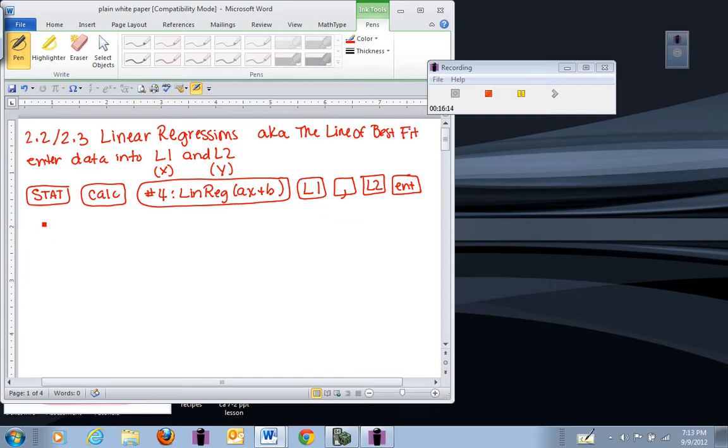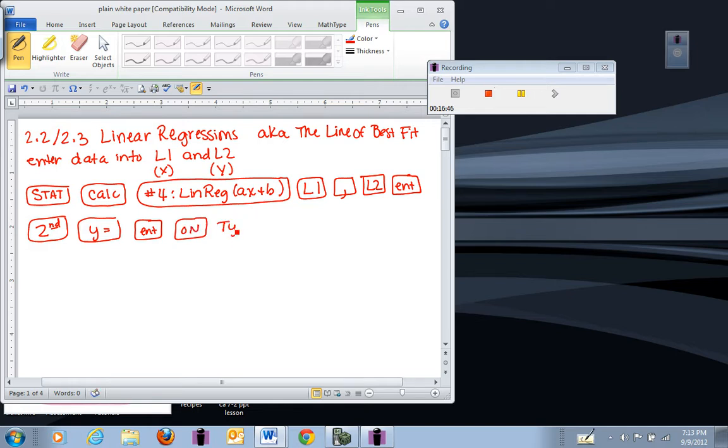Then, to make the scatter plot, we went to second, y equals, and then we had to hit enter, and then we had to turn our stat plots on.